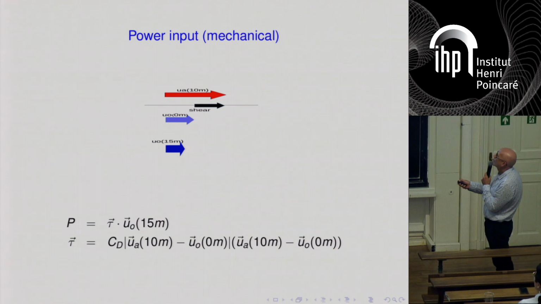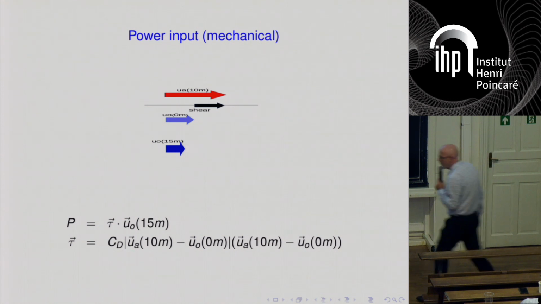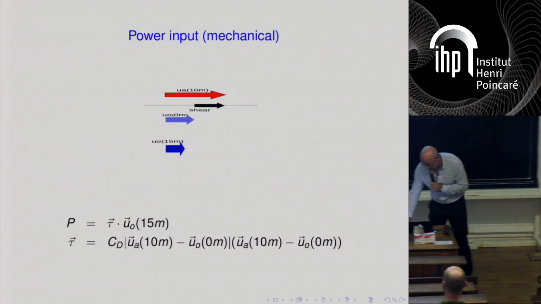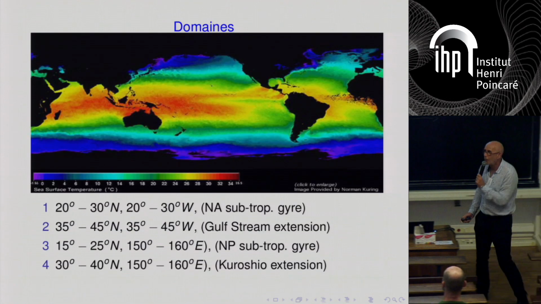So I calculate tau using the shear, which is calculated using the difference between the atmospheric velocity and the ocean velocity, and then multiply it by the ocean current at 15 meters, and this gives me the power. This is the variable which I consider.